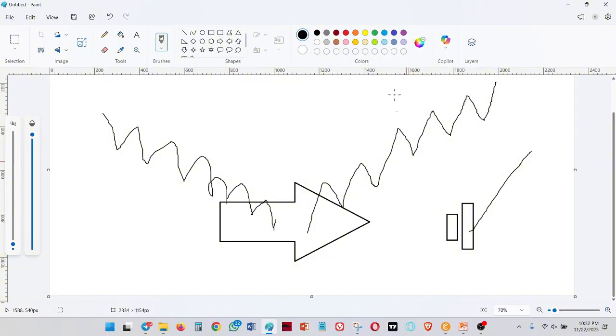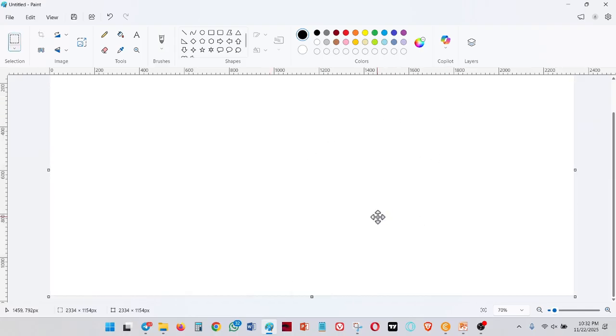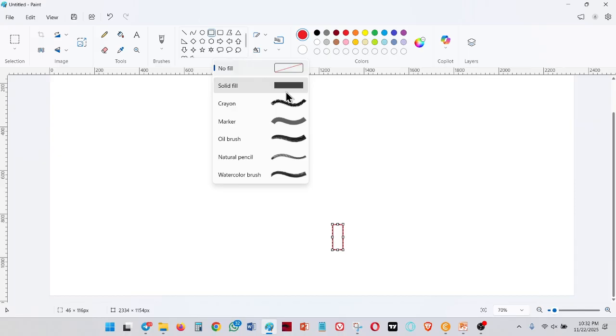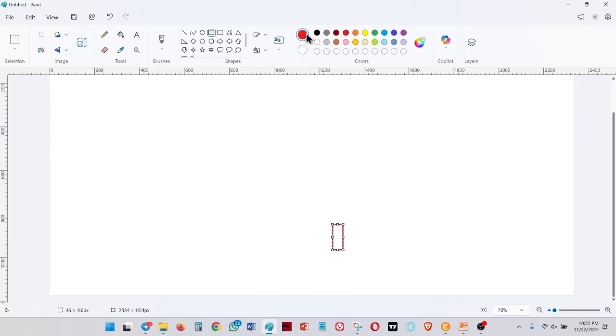I think I'll just wipe everything from this screen, delete. In a bullish scenario, you should have a small red, solid fill, red.